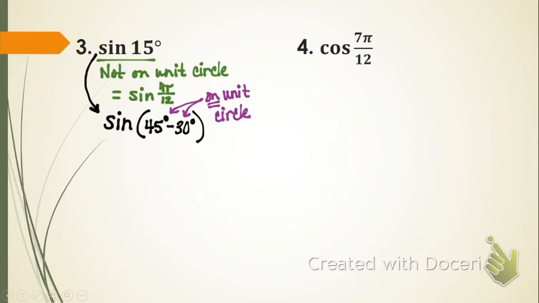Am I doing sine of 45 degrees minus sine of 30 degrees? Is this like the previous screen, examples 1 and 2? No. I am messing around with the angle on the inside, but I only have sine one time. So I need to use one of my formulas. Do I want addition or subtraction? Subtraction. So use the subtraction formula for sine.